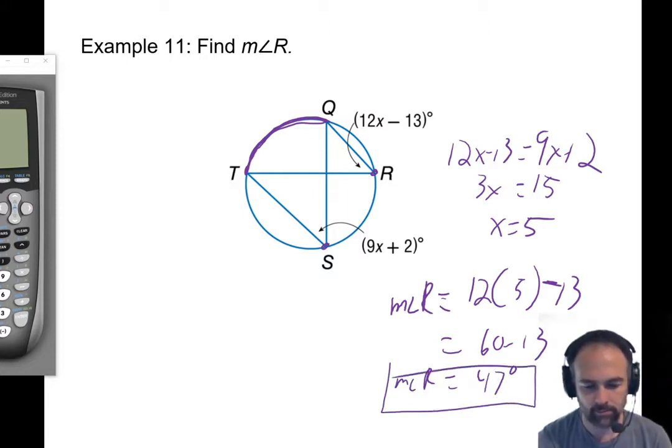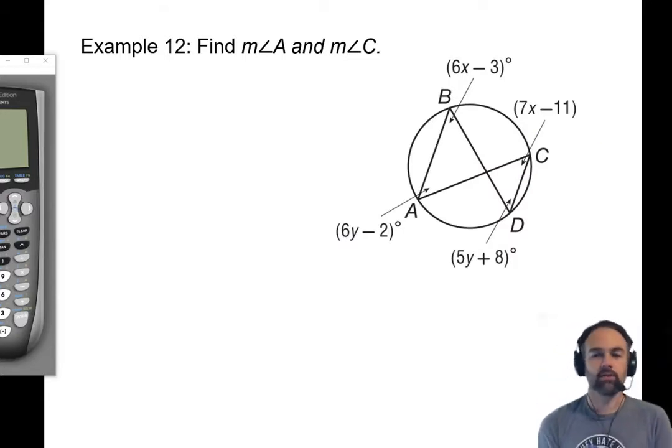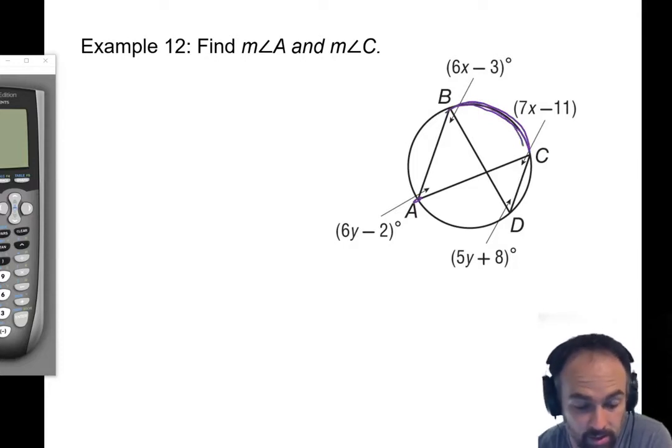All right. Example 12, another one of these hourglass figures. We know the measure of angle A and the measure of angle C. Let's start with angle A. Angle A, its intercepted arc is BC. We also know that D also intercepts arc BC.